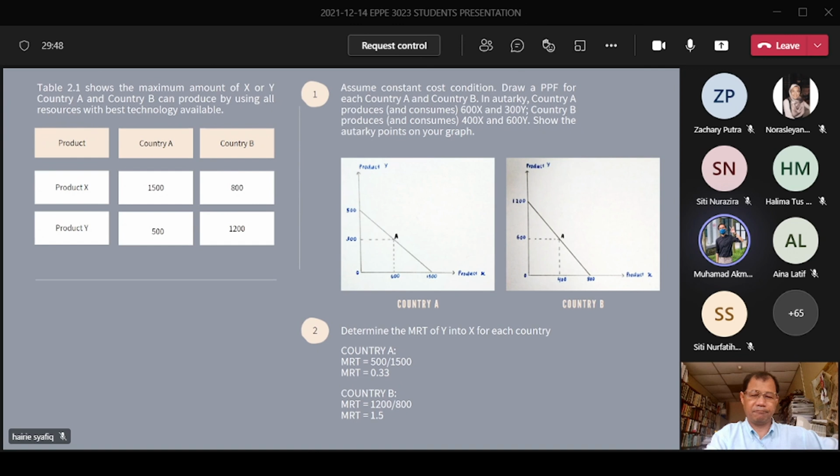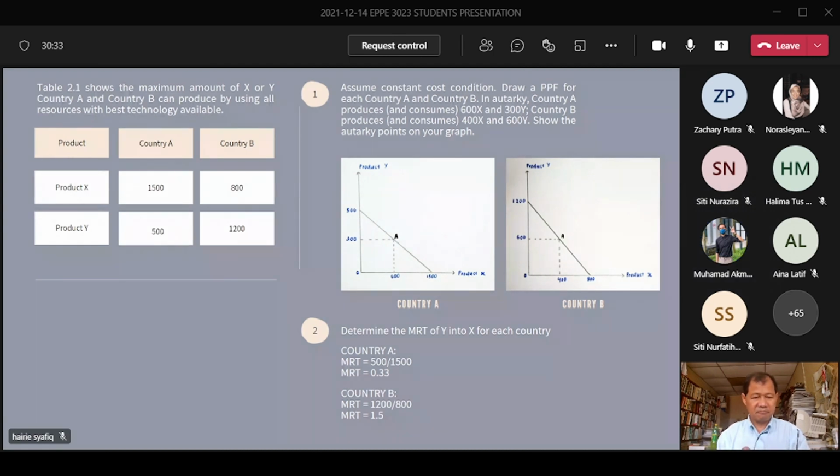What you should have on the graph is, first, product Y on the axis Y and product X on the axis X. What's important is not the squares within the line, but the amounts, which are 500 and 1,500 on the axis X. For country B, the amount is 1,200 on the axis Y and 800 on the axis X.